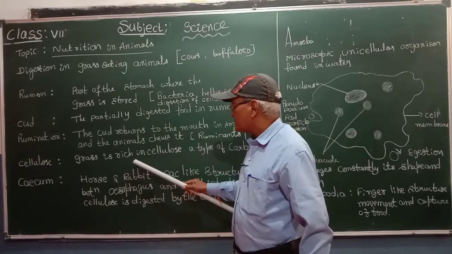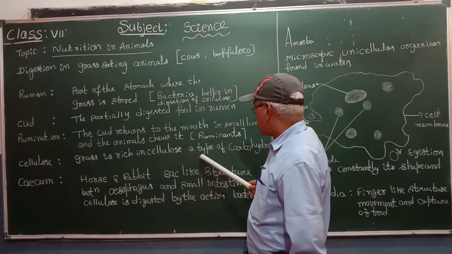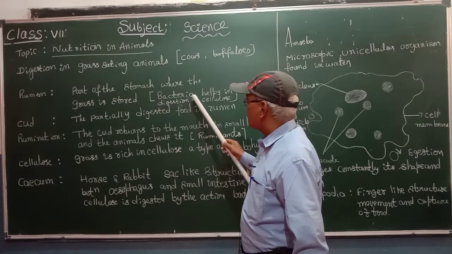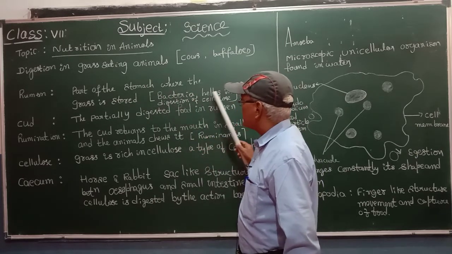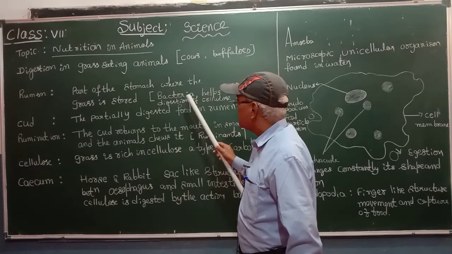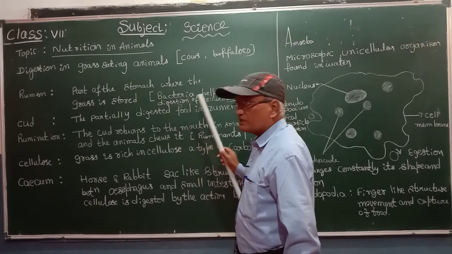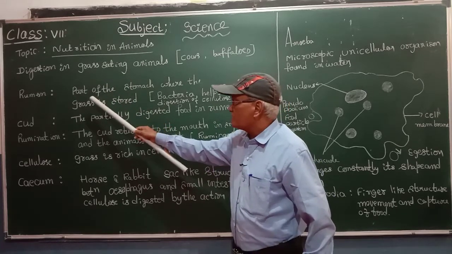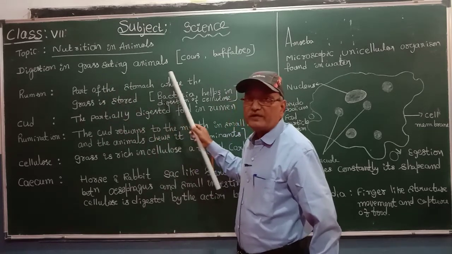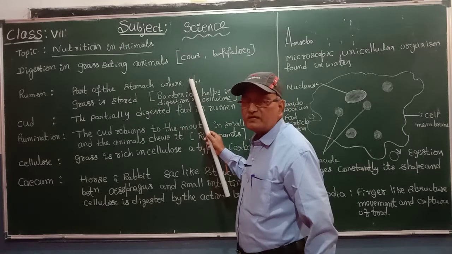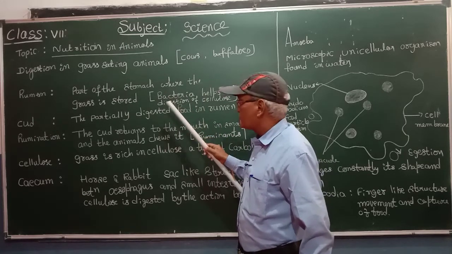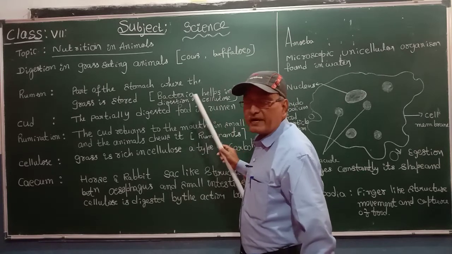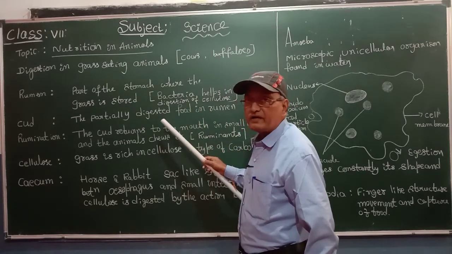Some bacteria present in the rumen help in the digestion of cellulose. The rumen is a part of the stomach where some bacteria are also present, which help in the digestion of cellulose, which is a type of carbohydrate.